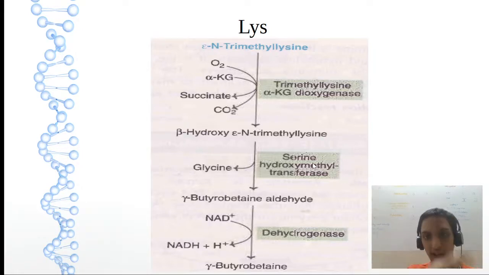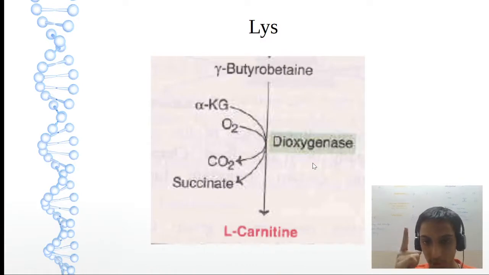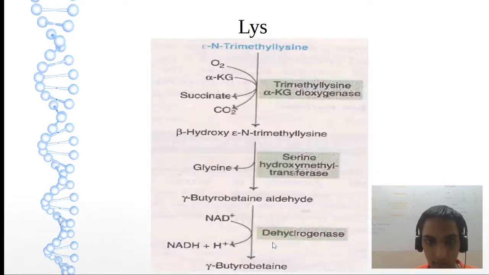Same enzyme and conversion will be applicable to the last step also. So remember, first step and last step, same enzyme and same conversion. But the reactant and product are different. Here we have gamma butyrobetaine straight away to carnitine, but there we have epsilon N trimethyl lysine to the addition of beta hydroxy, which becomes beta hydroxy epsilon N trimethyl lysine.